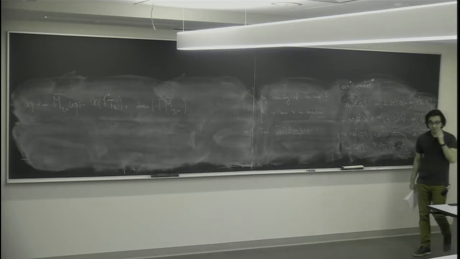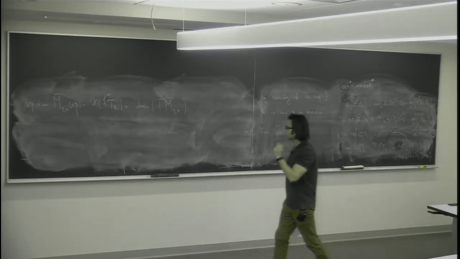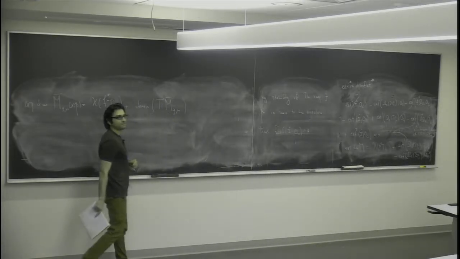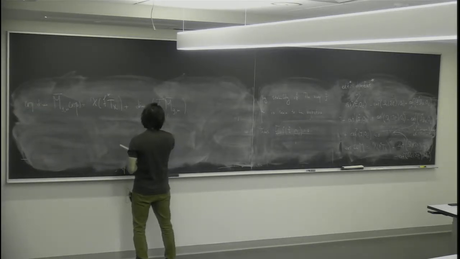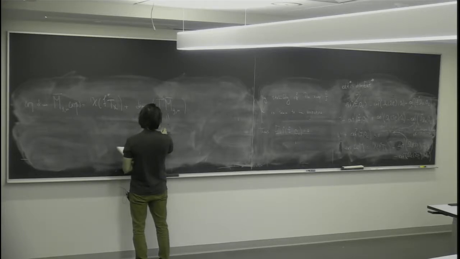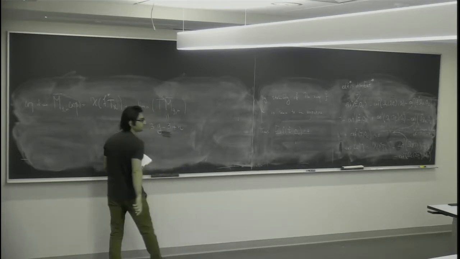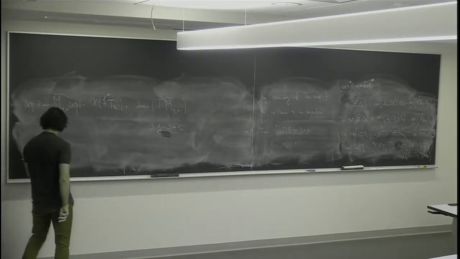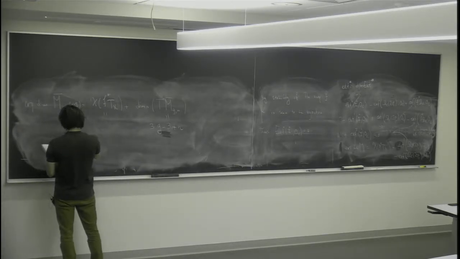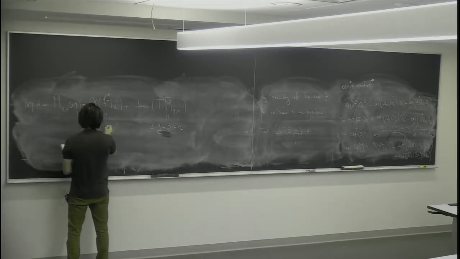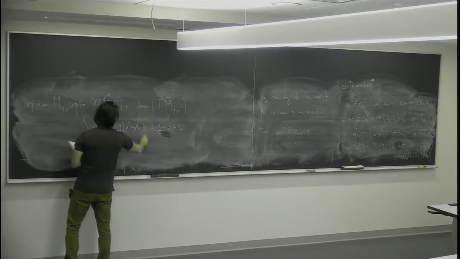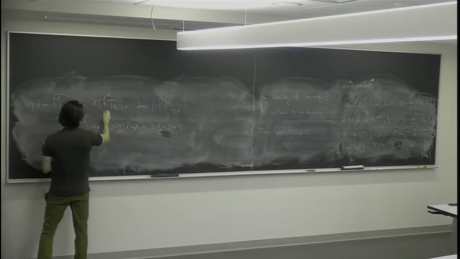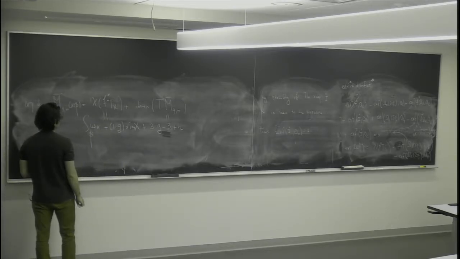And this is equal to 3g minus 3 plus n, we discussed this. And this is just by Grothendieck-Riemann-Roch, you can calculate it by this formula. So this is the formula we had before.